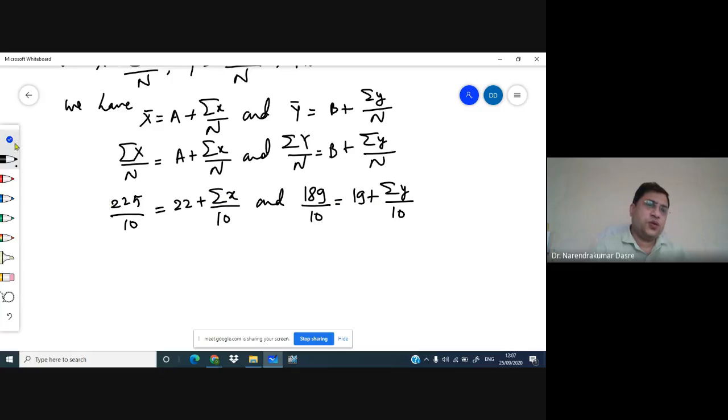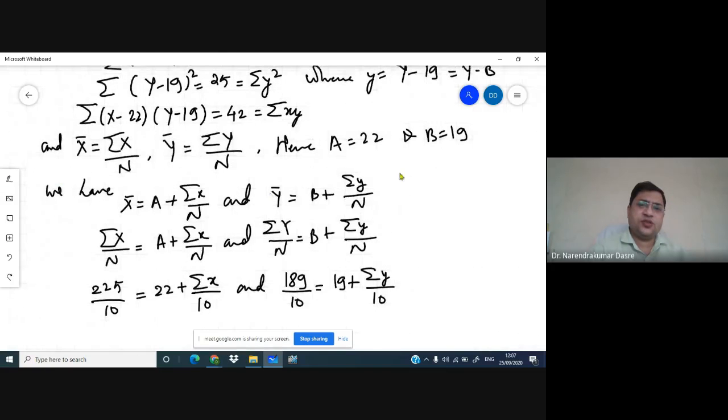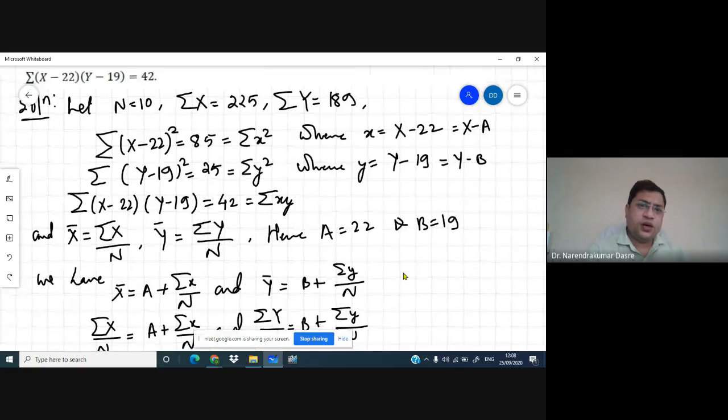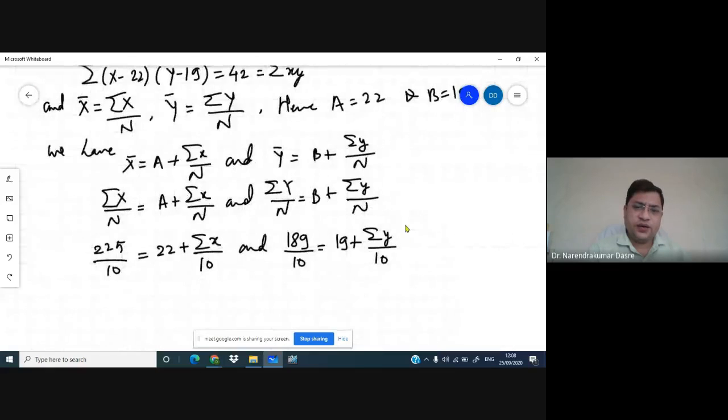So that's what we have. Please check all the values. A is 22, b is 19, and this is going to be 225 and 189.